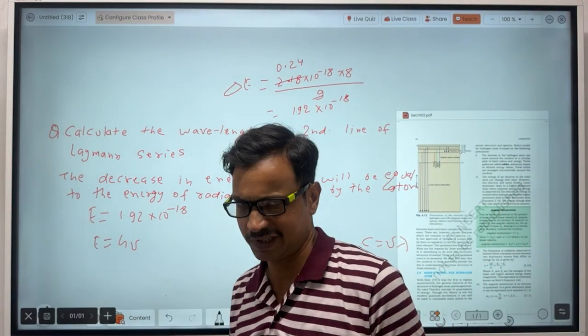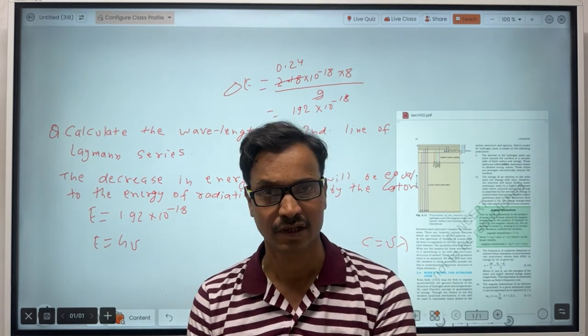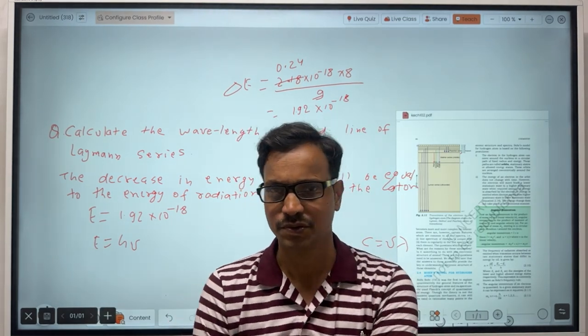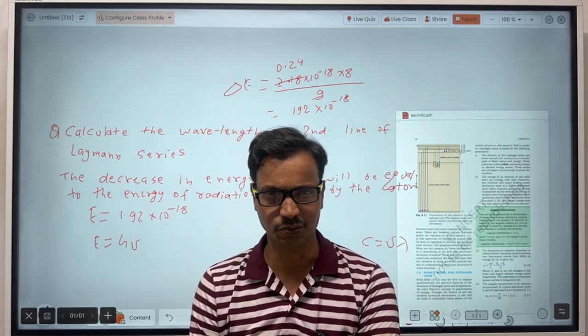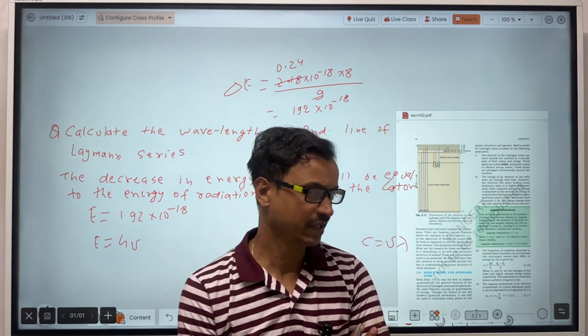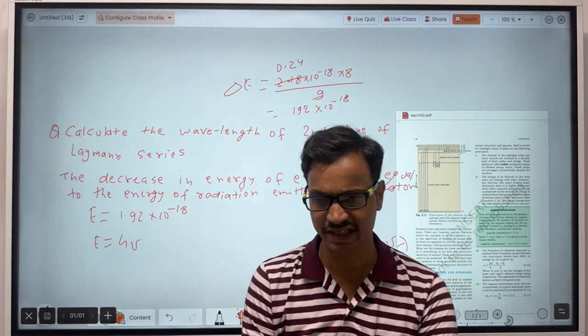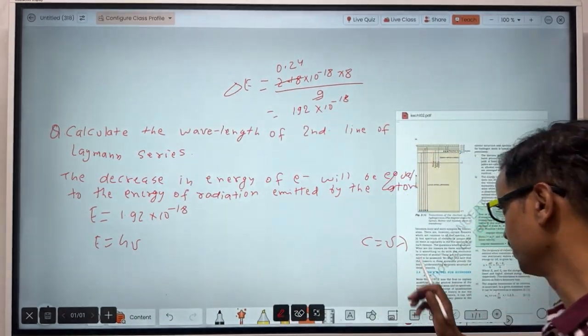If not, then watch out here. We will also use them, as there are lots of numerical questions based on this relationship. But keep in mind, the velocity of light is equal to the frequency of that light into its wavelength, that is C equal to nu lambda.